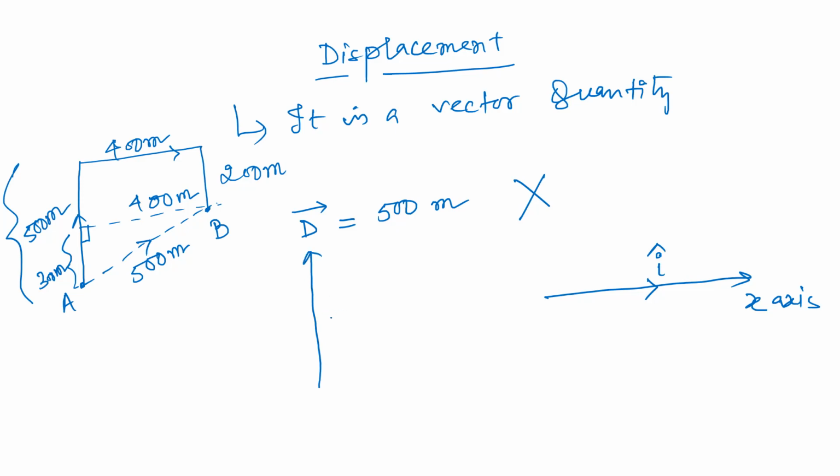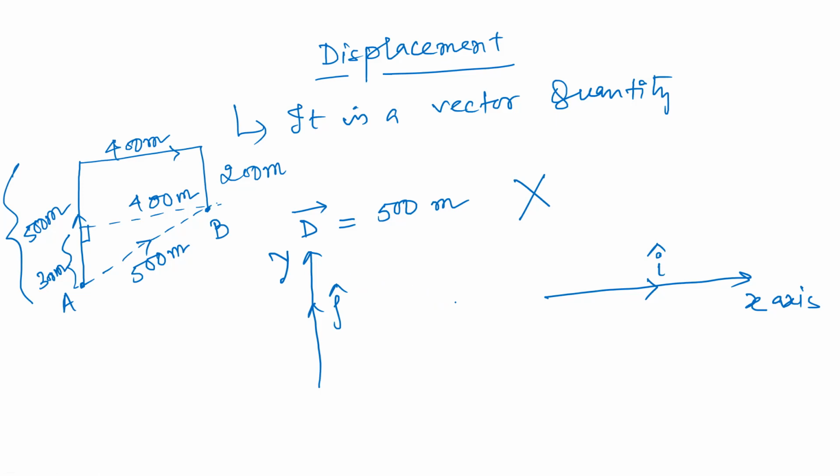So the unit vector along the y-axis is represented as j cap. So if an object is moving along the x-axis, the unit vector is i cap, if the object is moving along the y-axis, it should be represented as j cap. So now we are talking about only one dimension, either x or y, right? So this is the y-axis that we are talking about.